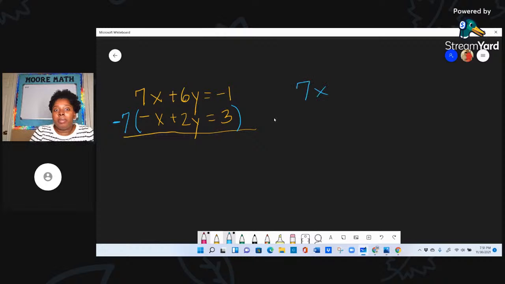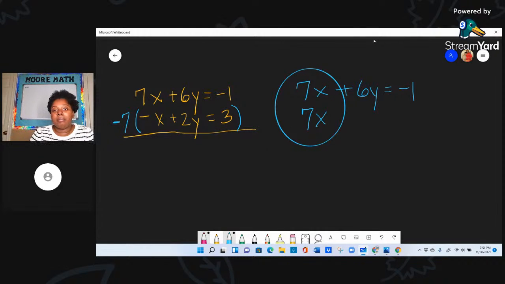Okay, so let me write this. If I have a 7x, am I going to be able to eliminate the x? No. So what do I need to multiply this -x by to eliminate it? 7. Just 7. Just be very careful. You're on the right track. You just got to watch the signs.